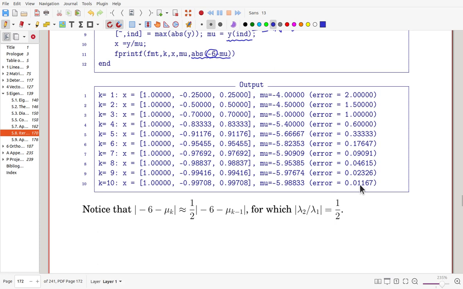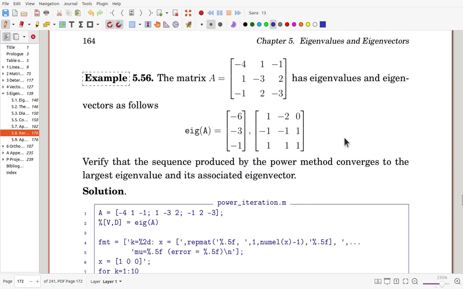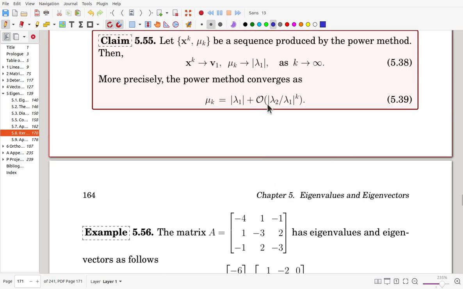Here the error is 0.011. Now that is about twice of that, and again twice. That means in each iteration, error is reduced by a factor of 2. That is coming from here. Okay, earlier we said that the error is converging as order of this one, lambda 2 over lambda 1.